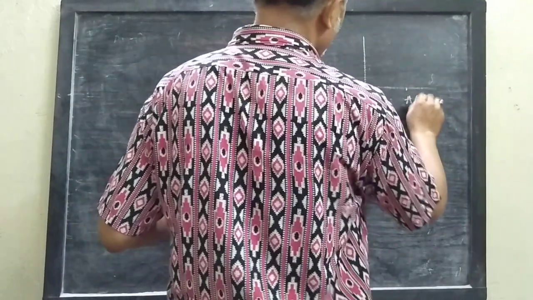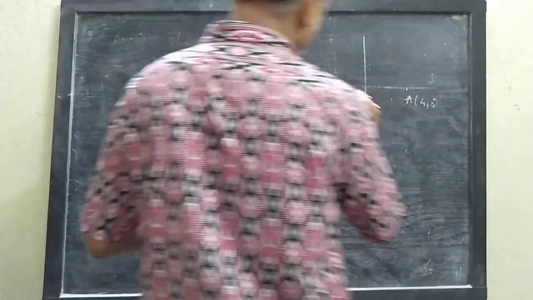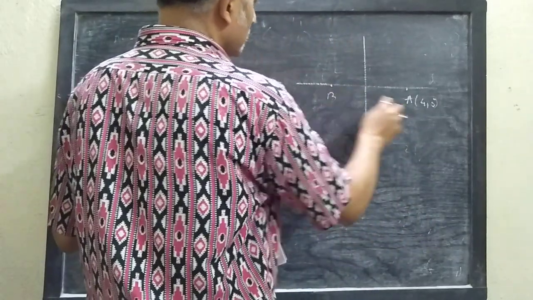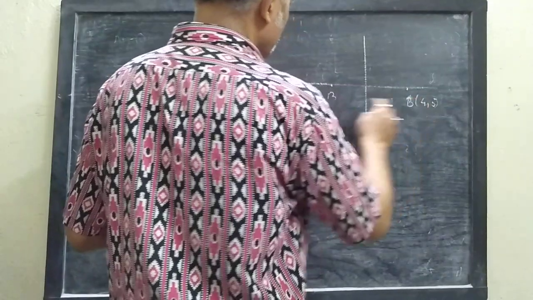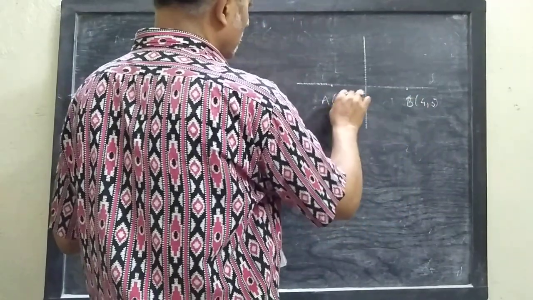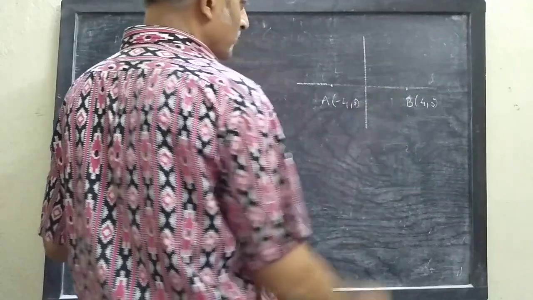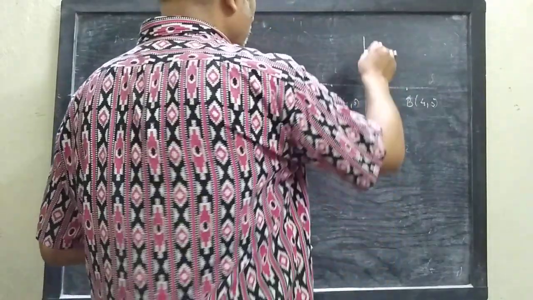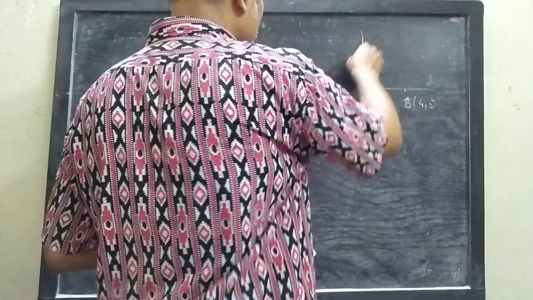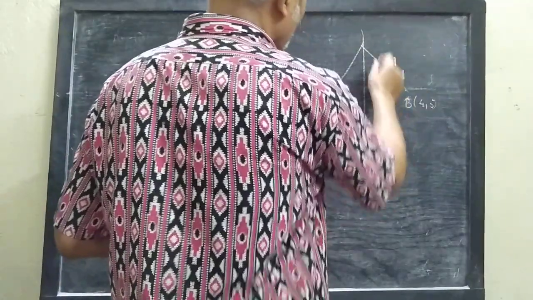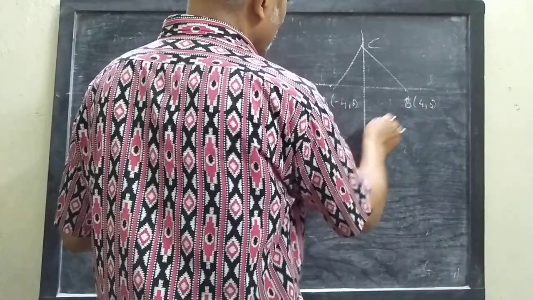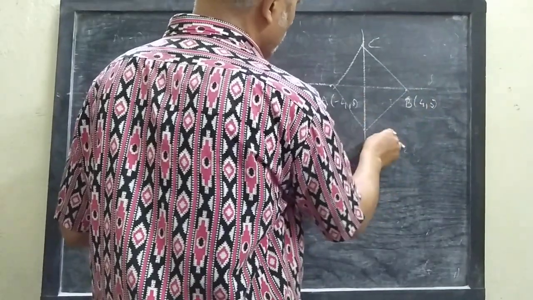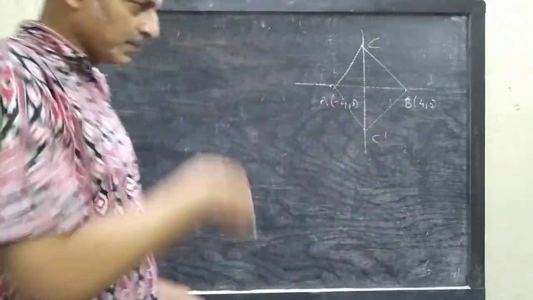Suppose this is A minus 4, 0, and B is 4 comma 0, and you are asked to find the third vertex. Look, the third vertex can be in two ways. Either it may lie above the x-axis or it may lie below the x-axis.